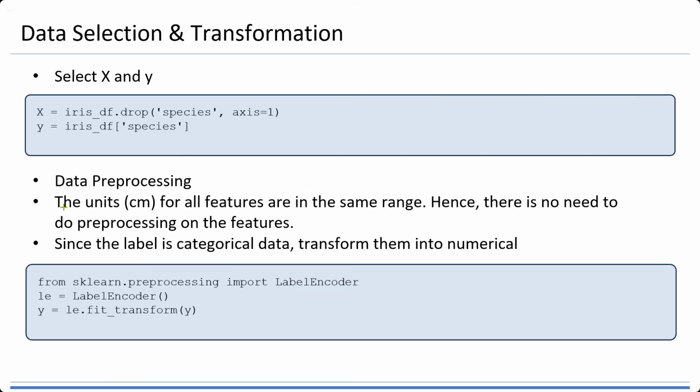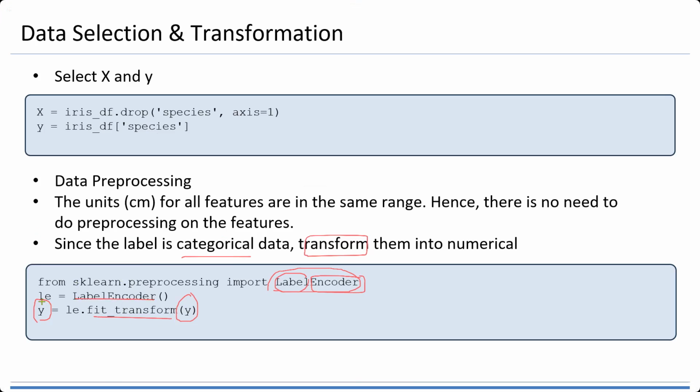Last time you learned one method for converting categorical into numerical: the label encoder. The label encoder means we encode the categorical label into a value. So we are going to transform y with the label encoder.